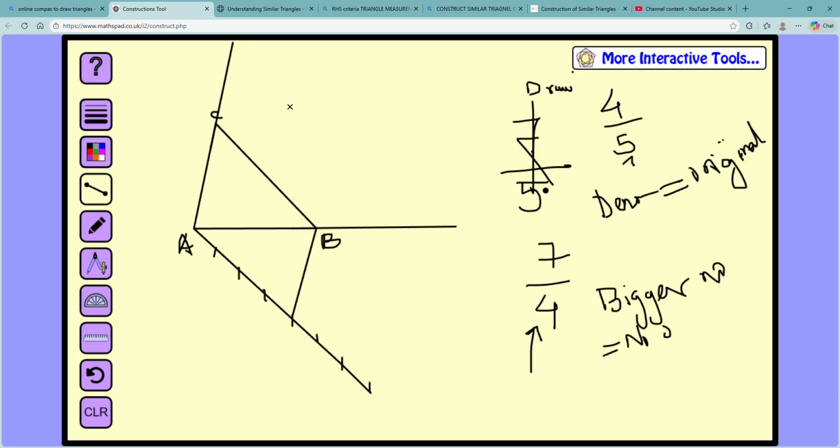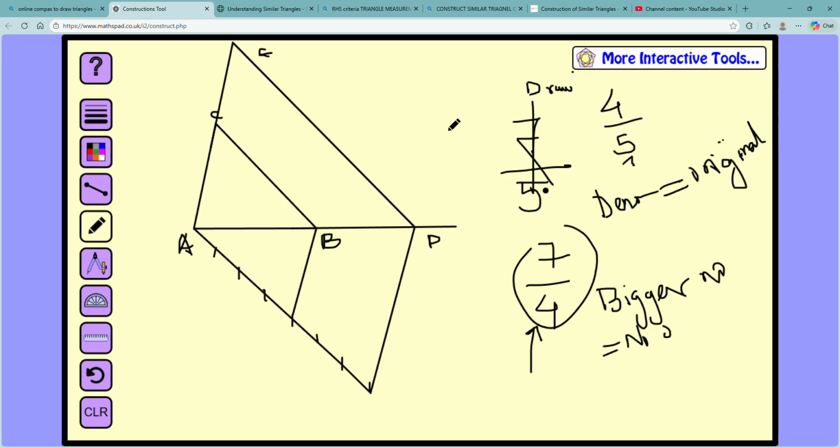After extending these two lines, we draw another line from 7 which is parallel to this line, then another line from here to the top parallel to that line. So this is what we get. The new triangle is this triangle ABC, and DE is the original triangle.